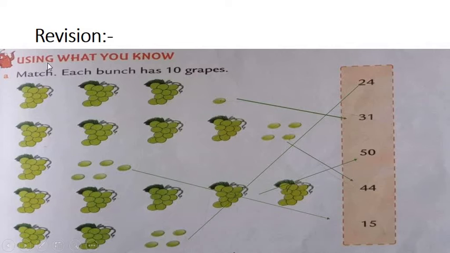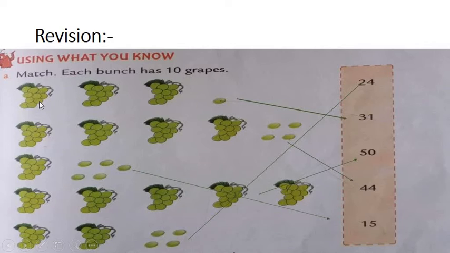First, we become familiar with match the following. Look, we have matched this bunch of graphs with numerals related to this bunch of graphs. Look, this is 3 bunches, 3 and 1.